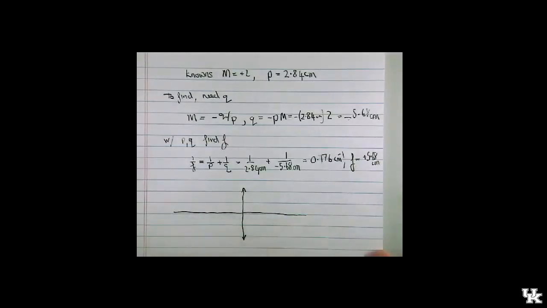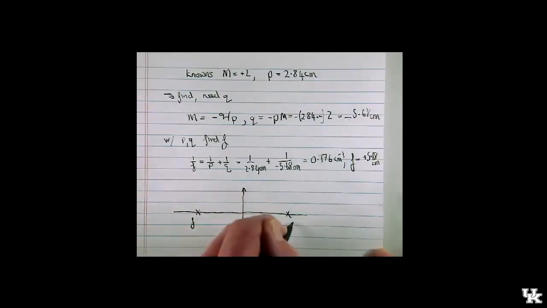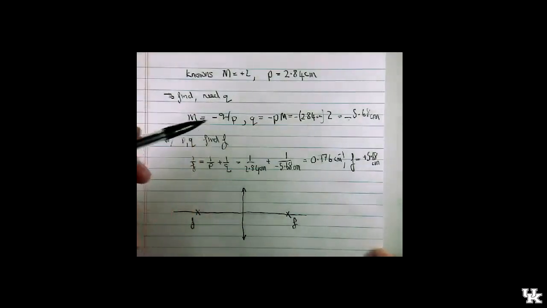The horizontal line through the center is the optical axis. I'm going to mark on this the focal length that I've found. So over here on the left, over here on the right, labeled F, that's the focal length. That's the 5.68 centimeters. I'm going to sketch the object.